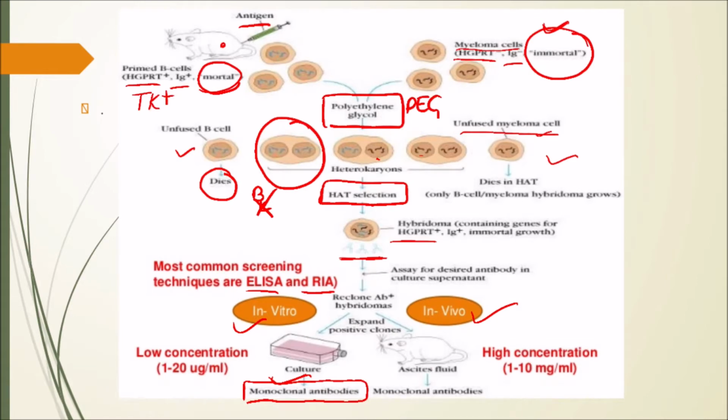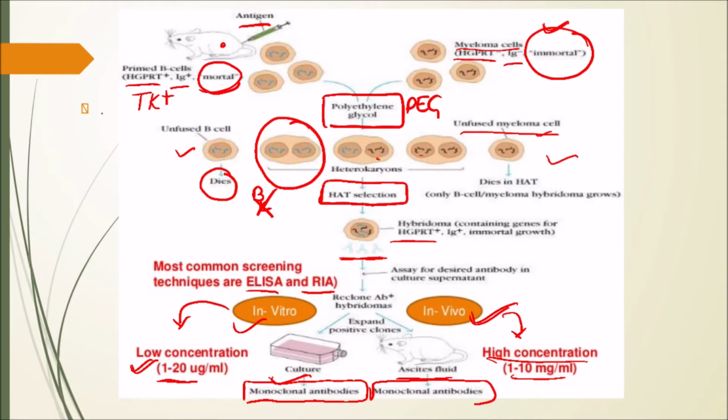The limitation is they are generated in low concentrations, 1 to 20 mg per ml. In vivo, these cells are again injected into an animal, and ascites fluid is taken, and monoclonal antibodies can be taken out. The benefit is this will generate a high concentration of monoclonal antibodies. So this is the whole process.